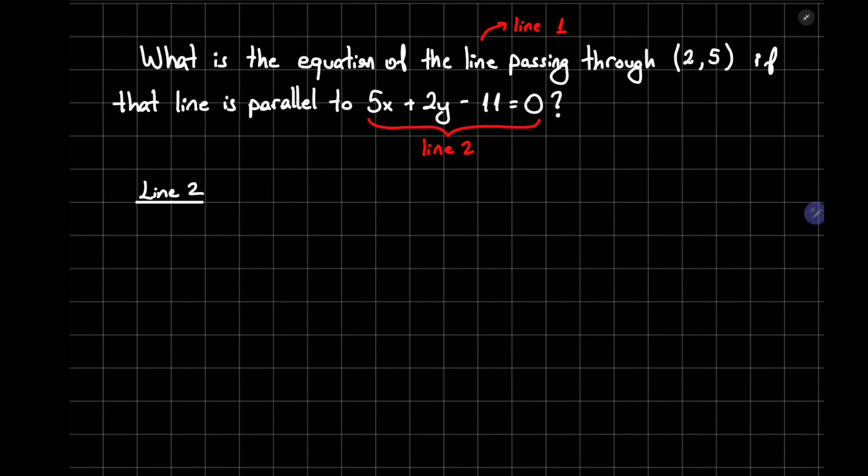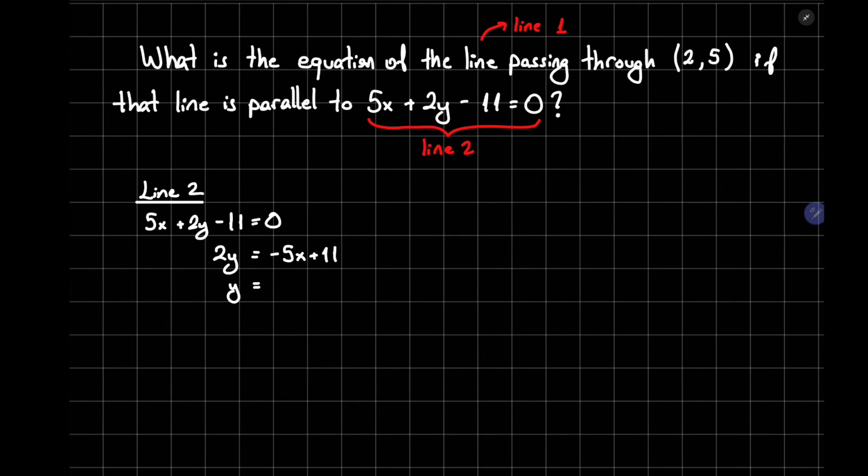First, I'm going to write the equation of the line again, and change the way the equation looks. I'm going to pass 5x and -11 to the other side of the equation, so -5x + 11. And then I'm going to divide both sides of the equation by 2.